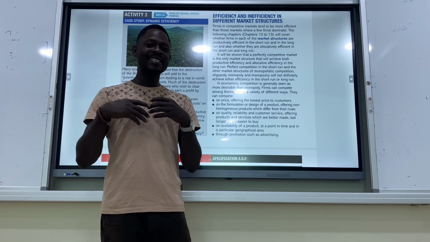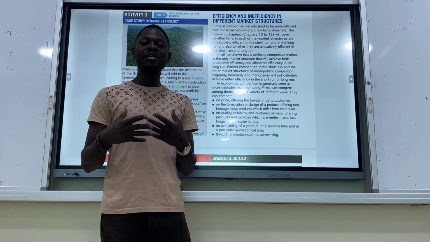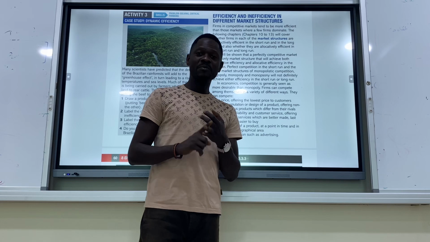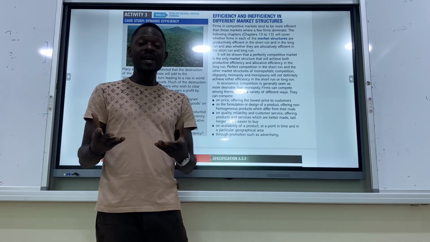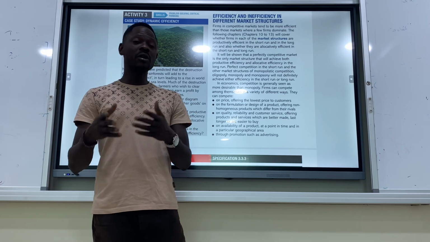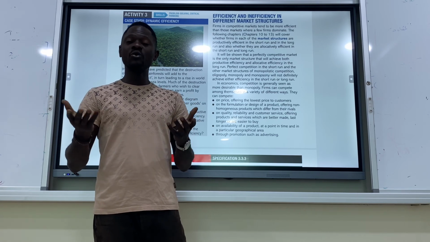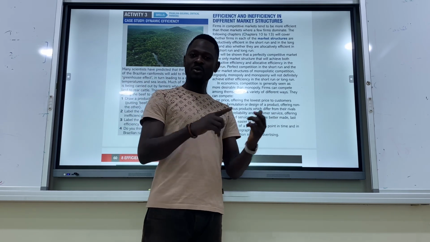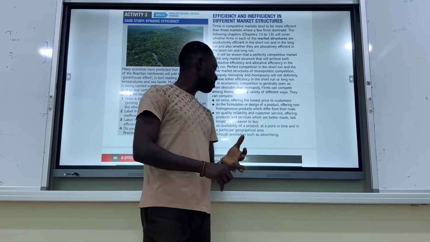So there's always a motive for firms in the competitive market to be both productive efficient and allocative efficient, because the competition is high and consumers will be able to pick. They have choices to make. Because of the choices they have, firms do not have any other choice than to produce goods or services that have quality and that are reliable.